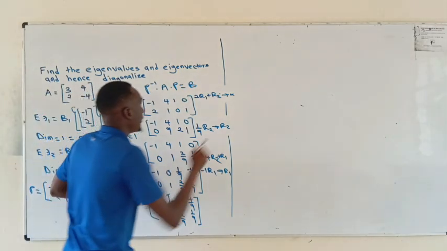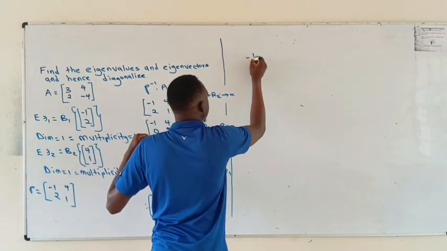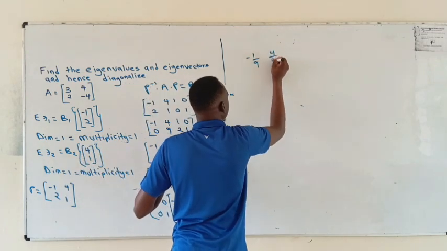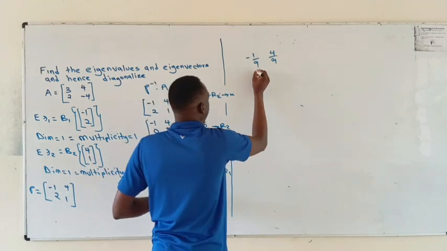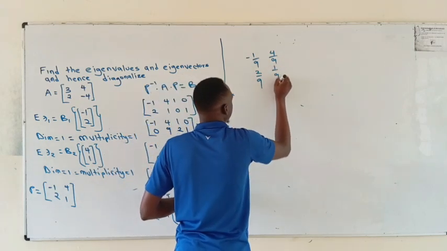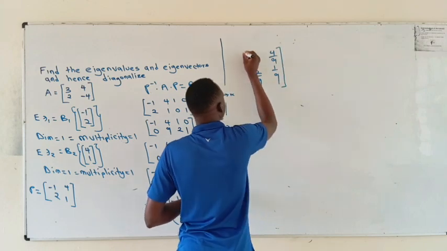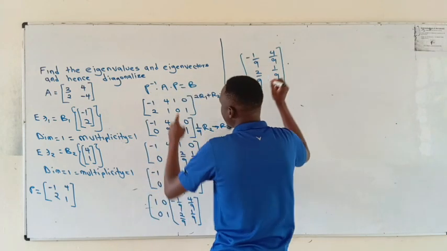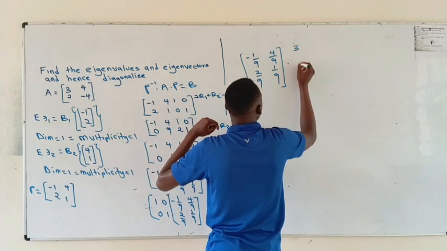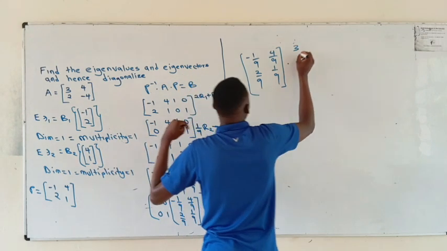Now we have P inverse is negative 1 over 9, 4 over 9, 2 over 9, 1 over 9. We want to multiply this by A. Our A is 3, 2, 4, negative 4.